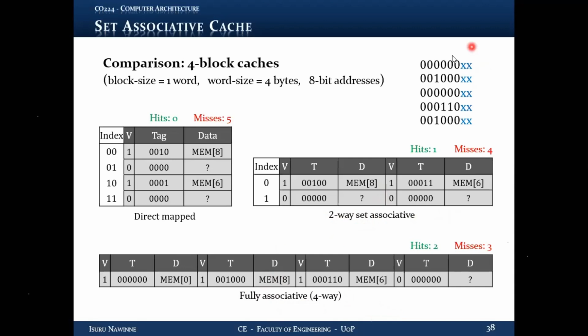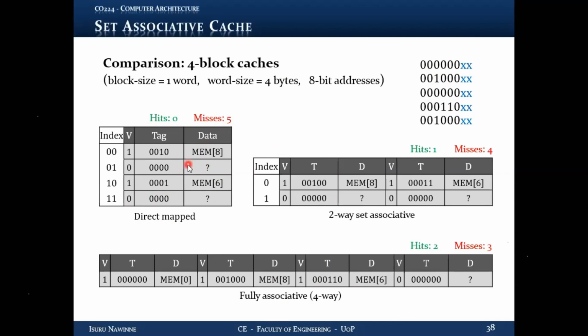So we went through a set of memory accesses, reads coming from the CPU, and after going through each and every access of this list of 5, we ended up with this. The current state of the cache, the 3 caches we looked at, were this. The direct mapped cache had 5 misses.